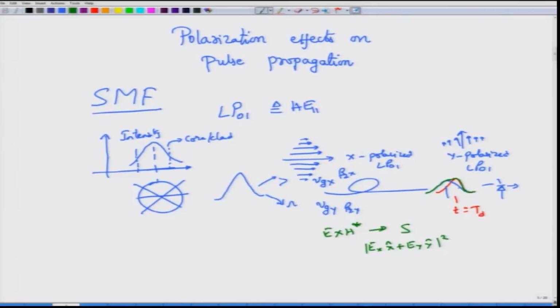So, you can clearly see that compared to the original pulse, the new pulse is now distorted. This is two different modes interacting with each other. So, you can think of this as intermodal dispersion.